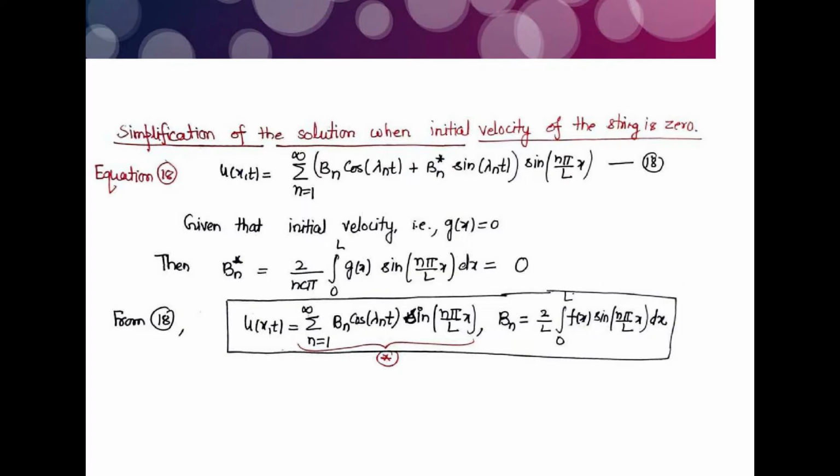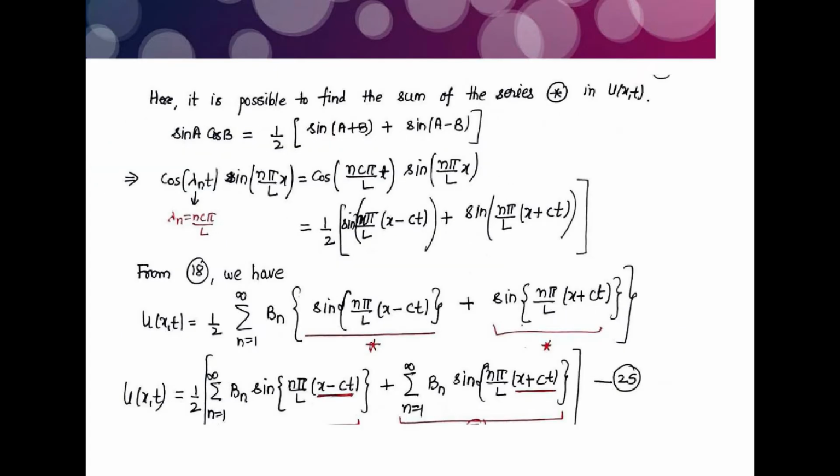We will simplify this expression and get it in terms of the initial deflection, that is function f, with slight modifications. Here we will use the formula of sine a cos b, which is equal to half of sine(a plus b) plus sine(a minus b).